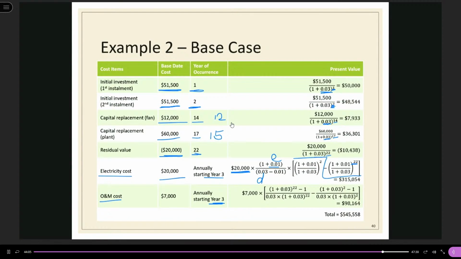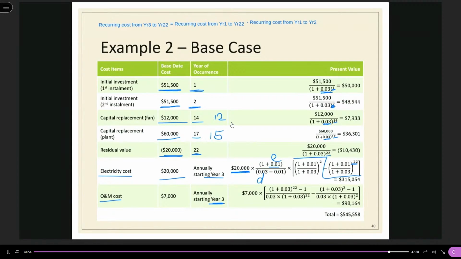It means the recurring costs from year 3 to year 22 will equal the recurring cost from year 1 to year 22 minus the recurring cost from year 1 to year 2.